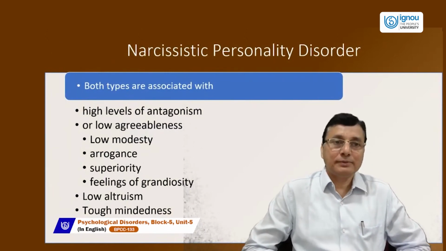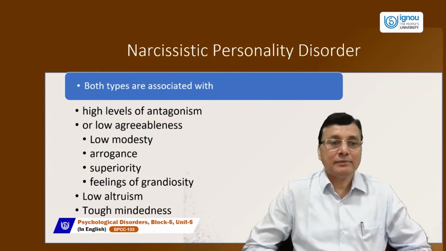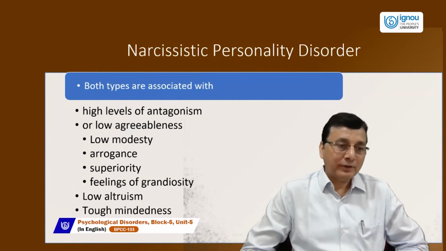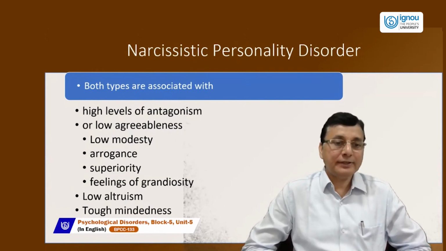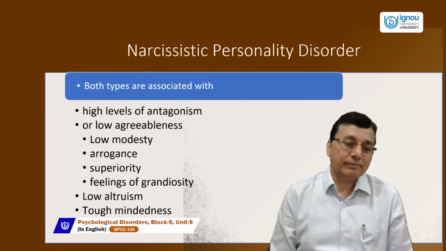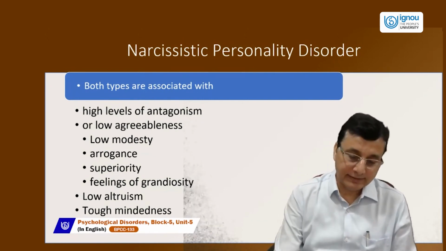Both types of narcissistic personality disorders are associated with a high level of antagonism or low agreeableness, low modesty, arrogance, superiority, feeling of grandiosity, low altruism. They are not very helpful. They do not provide help to others, and are tough-minded.